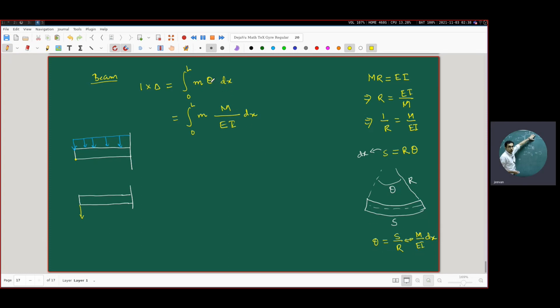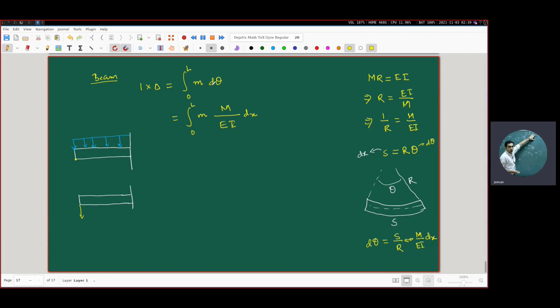If you replace theta by m dx by EI, you end up with m dx squared by EI, so definitely something has gone wrong here. The mistake is that this should actually be m d theta, and it is this d theta which is like m dx by EI. Sorry about that. Everything I previously discussed must be understood in that way. So this theta is actually the d theta we are talking about here.